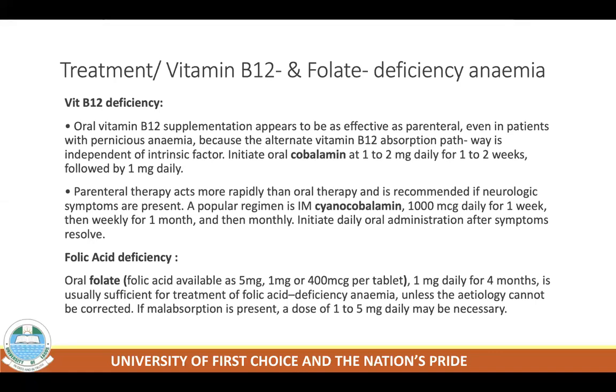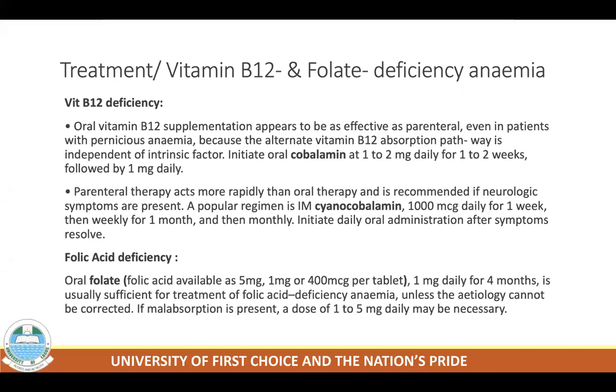But when there's neurologic involvement, you will get faster response and less inconvenience to the patient with parenteral cyanocobalamin. It's usually dosed at 1,000 micrograms daily for 1 week, then weekly for 1 month, and then monthly until the symptoms resolve.